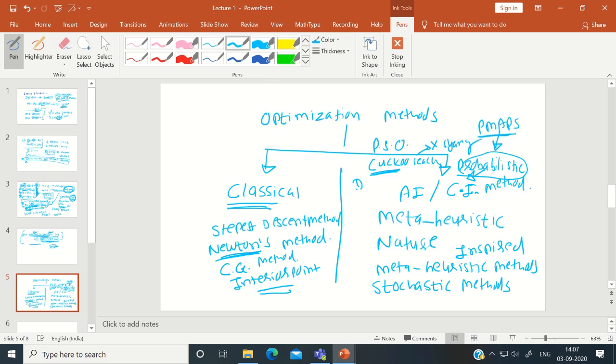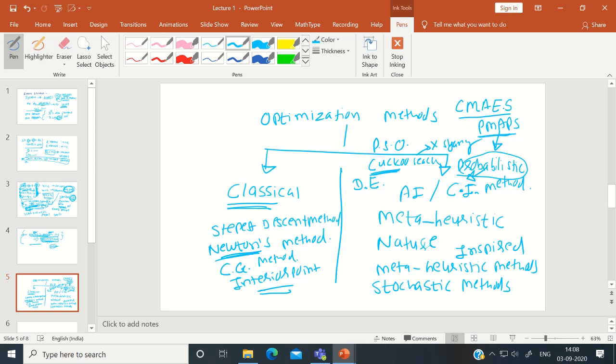Then the differential evolution algorithm, DE algorithm. Then there is another method which is the covariance matrix adaptation evolution strategy, CMA-ES algorithm, right? So there are a number of AI methods and a number of classical methods, right?